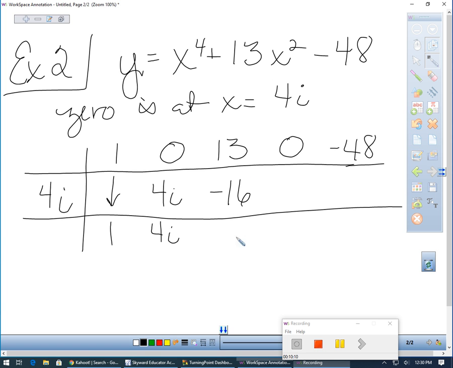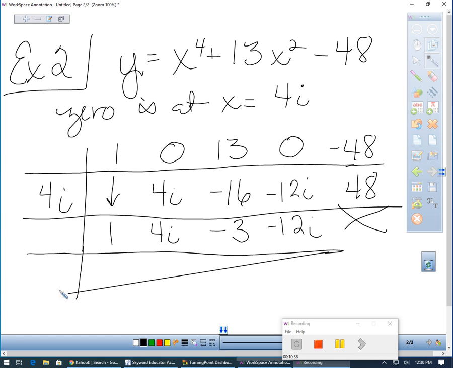Add these together. What do I get? Good. Now we multiply. 4i times negative 3 is negative 12i. Add those together is negative 12i. 4i times negative 12i is negative 48i squared, which is 48. No remainder.